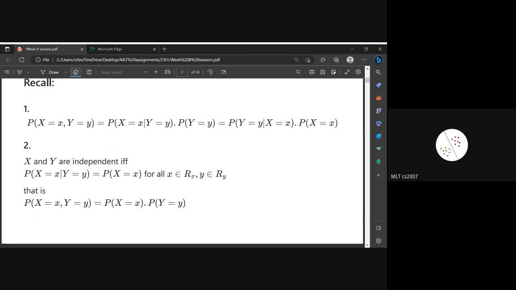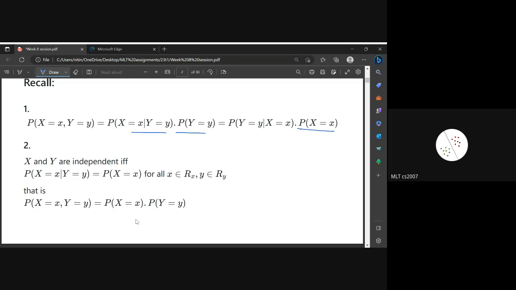Here, for two random variables, if I find the joint distribution P(X = x, Y = y), where X takes value small x and Y takes value small y, you can write this probability like this. This is the marginal probability and this is the conditional probability. Given Y equal to y, the probability of X equal to x, times P(Y = y). Similarly, in the conditional space of x, given X equal to x, what is the probability of Y taking value y, times the marginal of x.